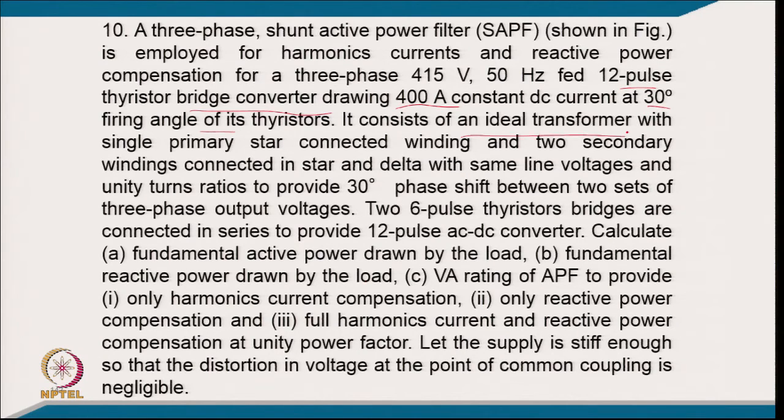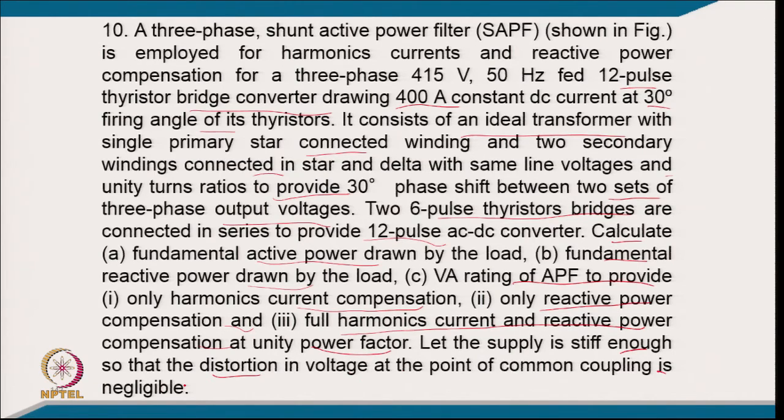It consists of an ideal transformer with a single primary star connected winding and 2 secondary windings connected in star and delta with the same line voltage and unity turns ratio to provide 30 degree phase shift between the 2 sets of 3 phase output voltage, and 2 6 pulse thyristor bridges are connected in series to provide a 12 pulse AC DC converter. Calculate the fundamental active power drawn by the load, the fundamental reactive power drawn by the load, and the VA rating of the active power filter to provide only harmonic current compensation, only reactive power compensation, and full harmonic current and reactive power compensation at unity power factor.